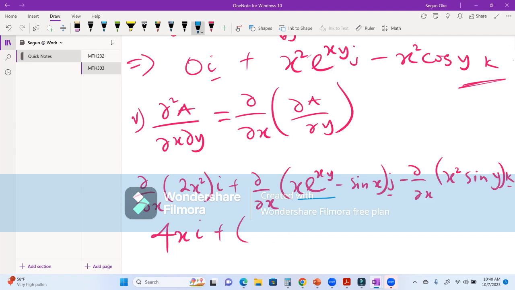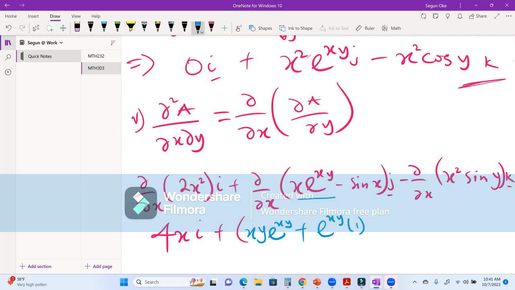Holding x constant, I will differentiate the exponential. When you differentiate exponential alone, you have y, right? y exponential xy plus, holding exponential constant, differentiate x, you have 1.